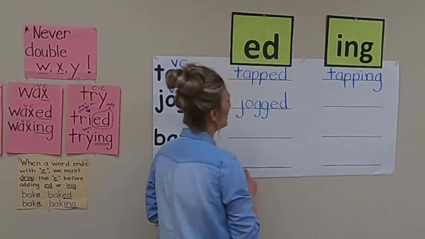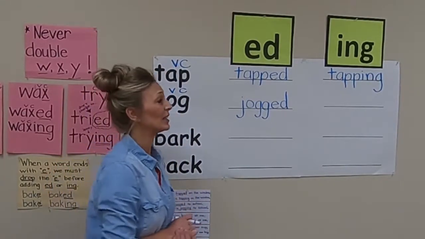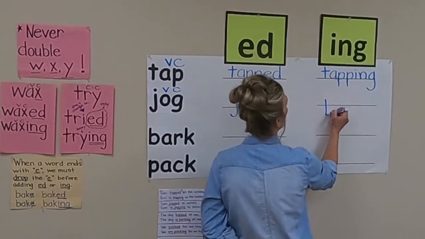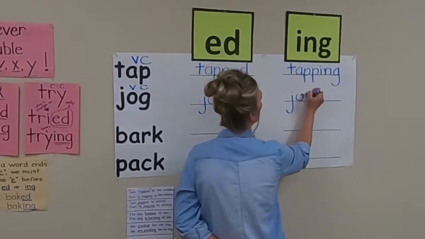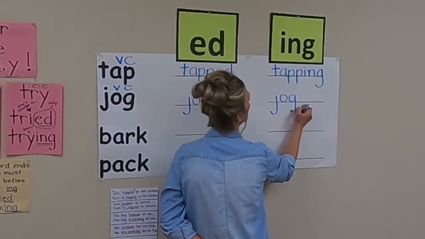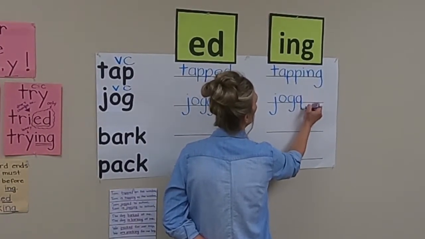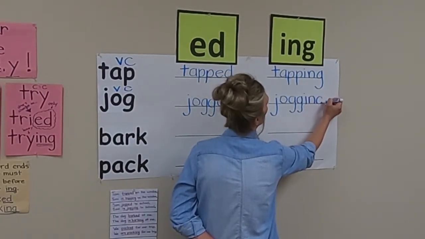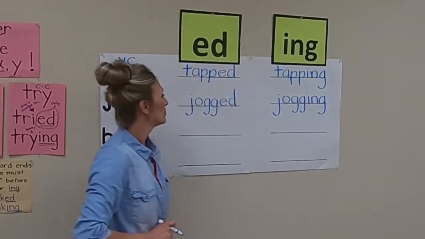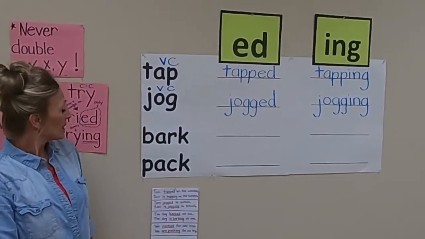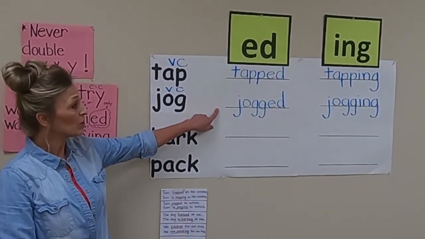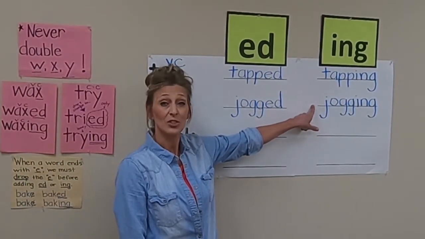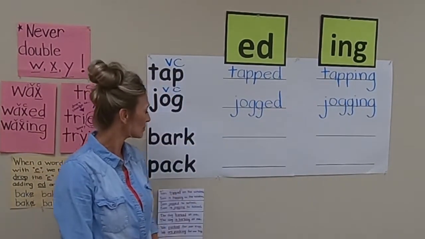And now my new word is jogged. Now let's do ing. Write your root word, jog, double the G, and add ing. Jogging. Sam jogged to school. Sam is jogging to school.